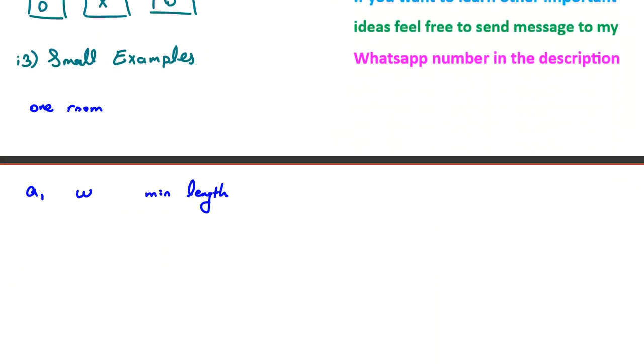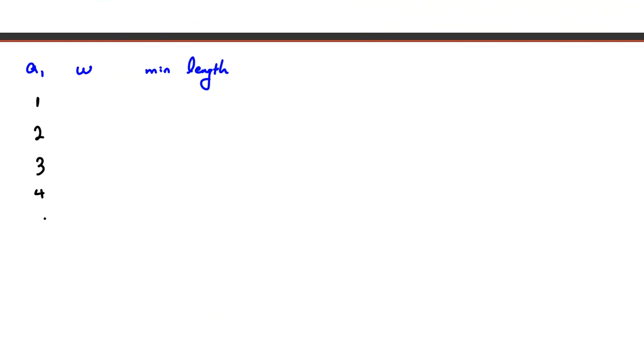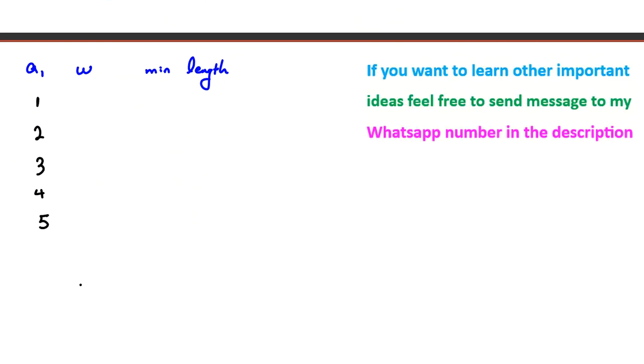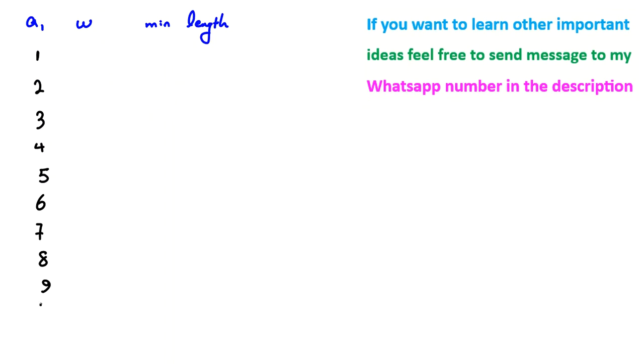That they can guarantee. So A1 is 1, 2, 3, 4. Let's focus first on which of them is winner, then 5. Try to fill up 6, 7, 8, 9, 10, 11, 12. Try to find who is winner for these 12 numbers.